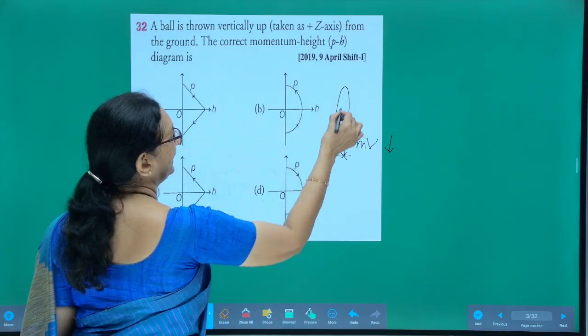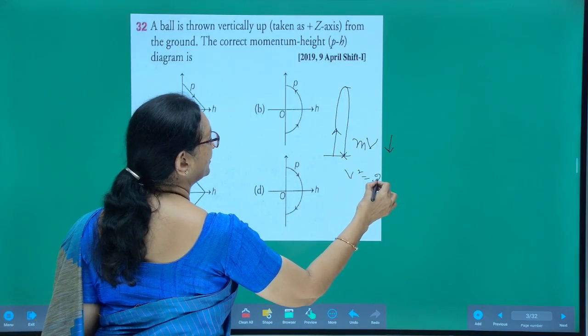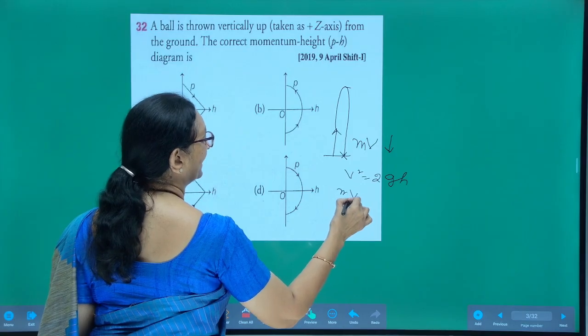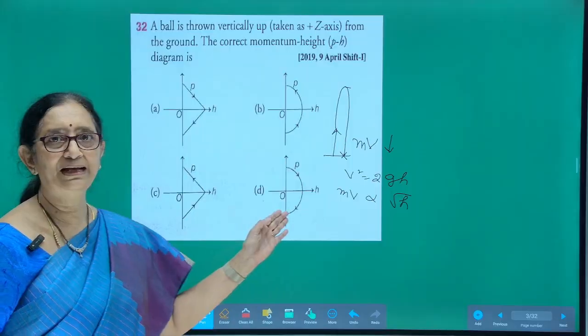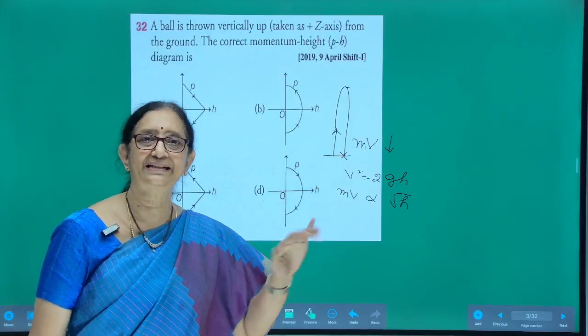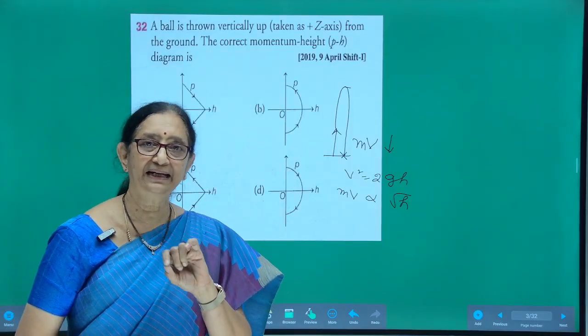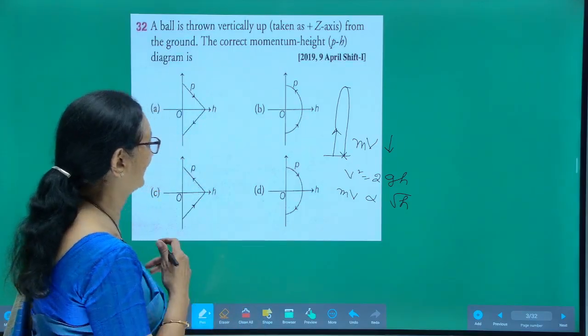When it is falling down, v square is equal to 2gh, so v or momentum is proportional to root h. While going up, momentum decreases as height increases; while moving down, momentum increases as height decreases.